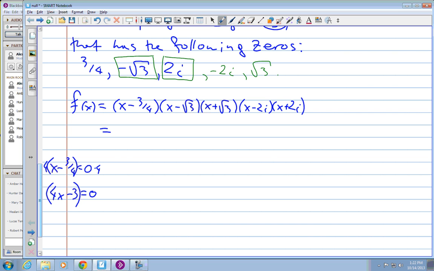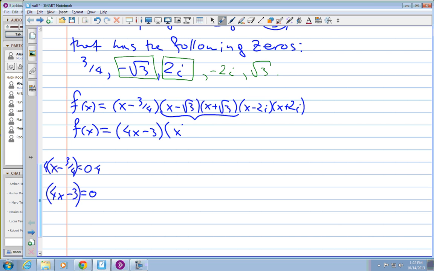So this is not the same as the original, because of multiplying by 4 all of a sudden, but it will still give us one of the answers. So I can actually do this. I can say this is 4x minus 3. Now, I can multiply these two parentheses really fast using a difference of squares formula.